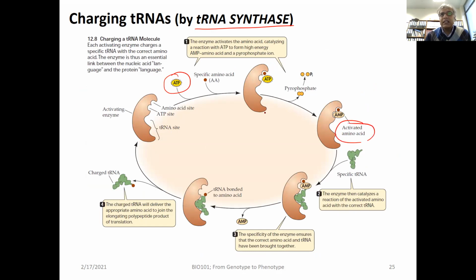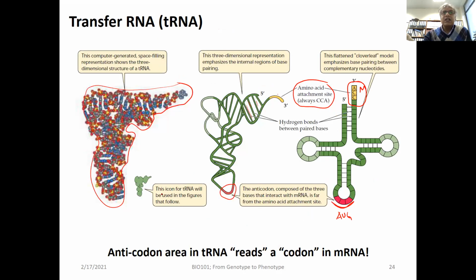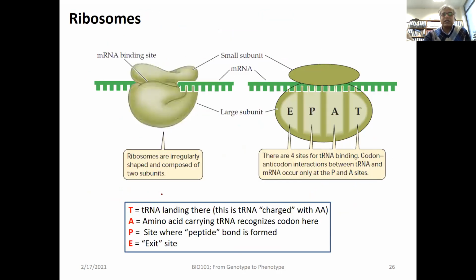Then a specific tRNA with a specific anticodon sequence comes in on a specific catalytic site of this tRNA synthetase, where it catalyzes the reaction, so that corresponding to the specific anticodon sequence, the specific amino acid is attached. Then this charged tRNA is released, and it is ready to go and bind to the messenger RNA codon sequence.